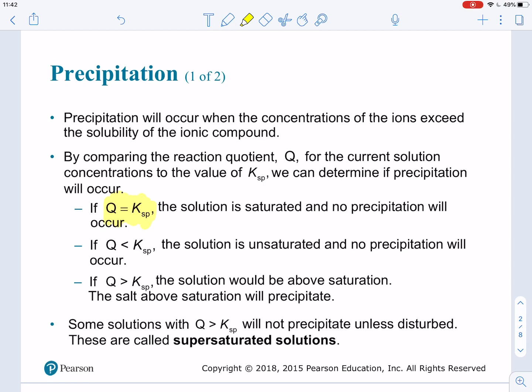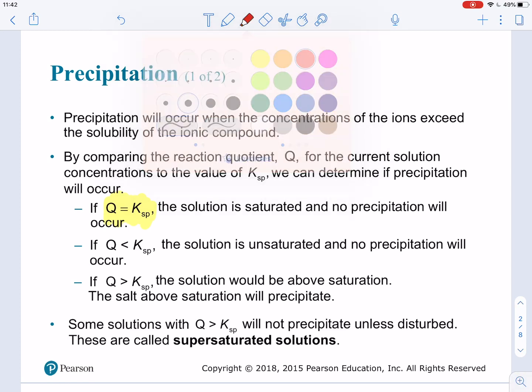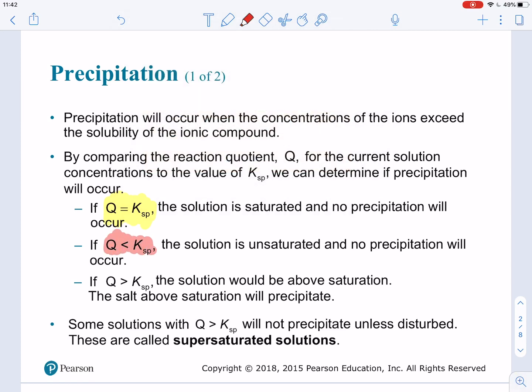The next case is when Q is less than KSP. Now remember, Q equals KSP, you are at equilibrium, there is no precipitation. But in this case, if Q is smaller than KSP, then the solution will be considered unsaturated.